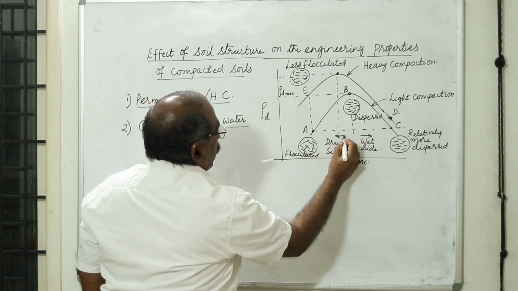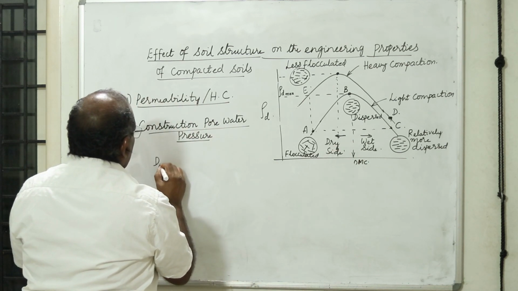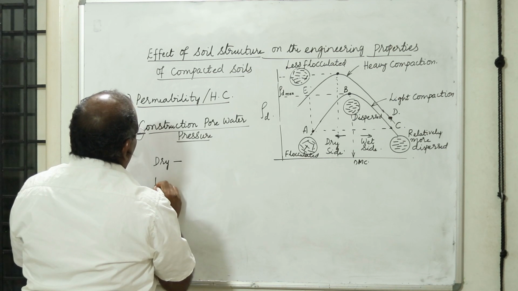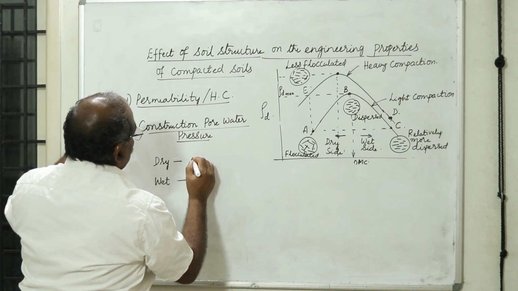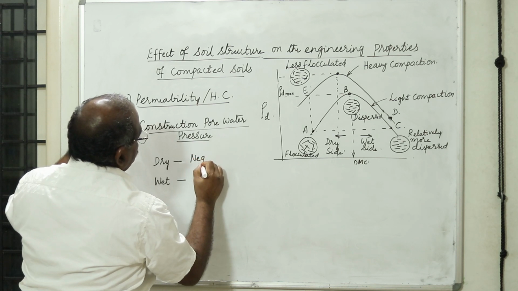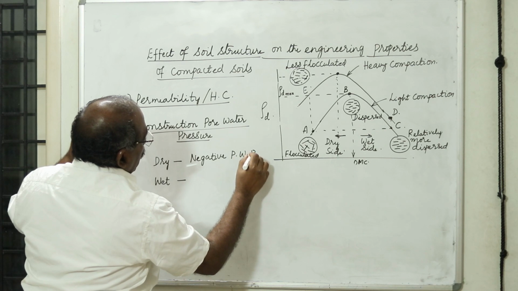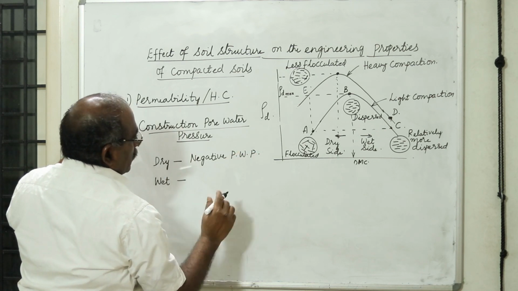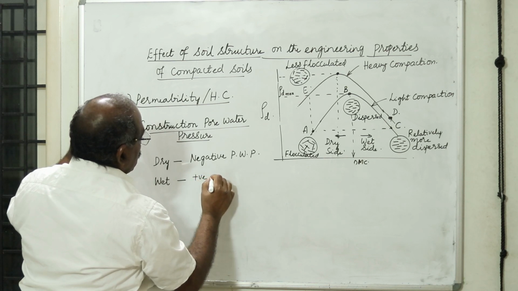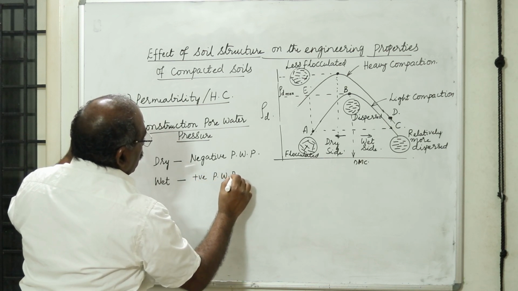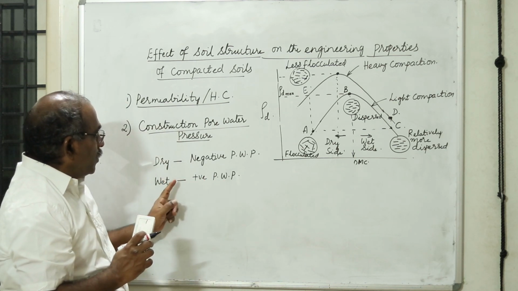You will have more flocculated structure, therefore the dry side will have negative pore water pressures, whereas on the wet side, because of the more water being present, you will have positive pore water pressures. Whenever you are compacting, this pore water pressure is very important.